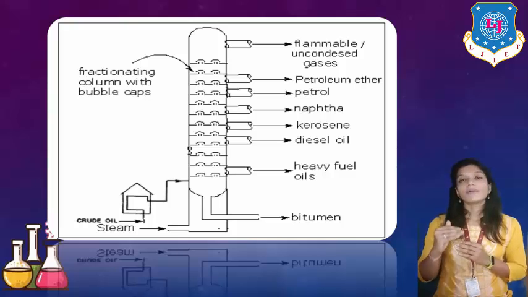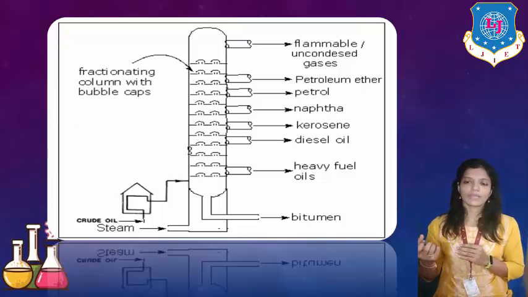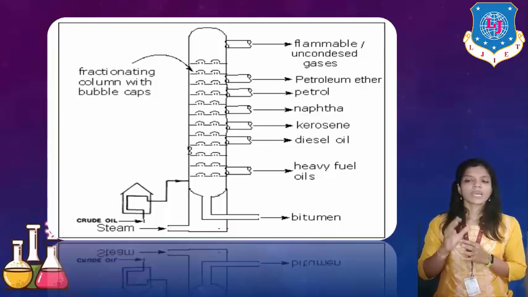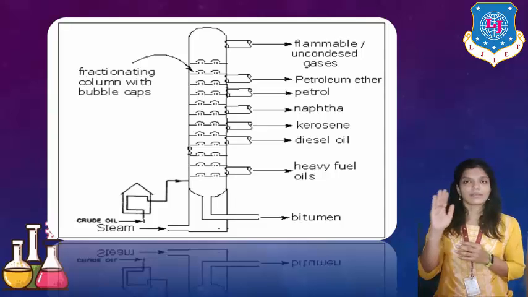Depending upon their boiling points, they will get separated. As you can see here, if we move from the upper side, flammable uncondensed gases are released from the top of the column. At the second stage, we have petroleum ether.